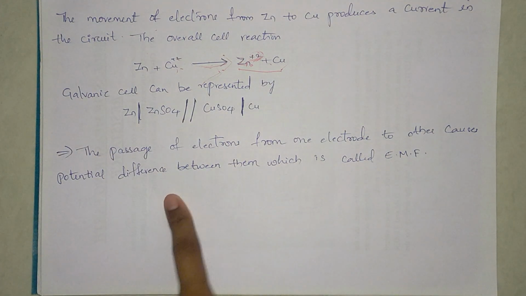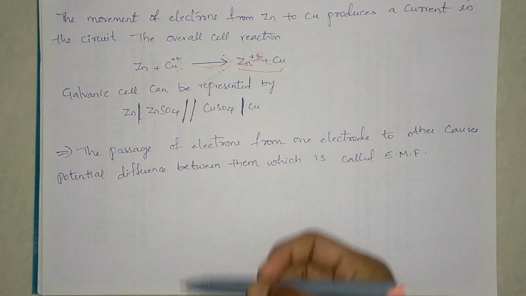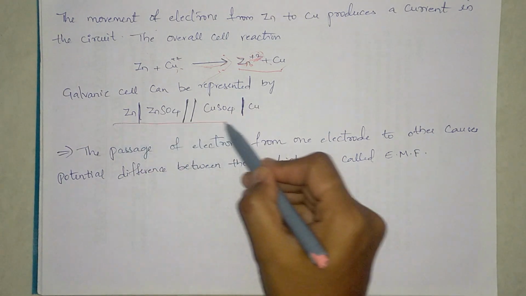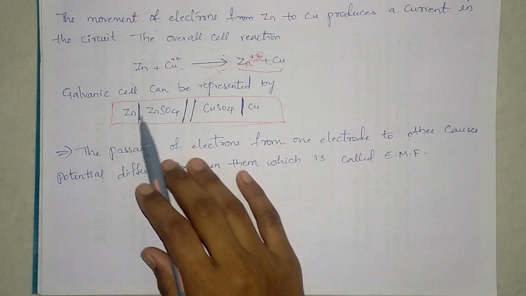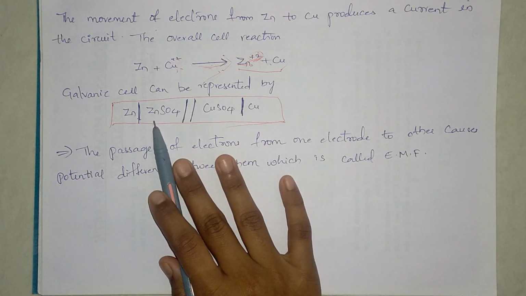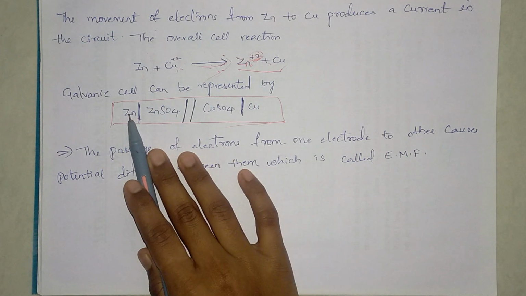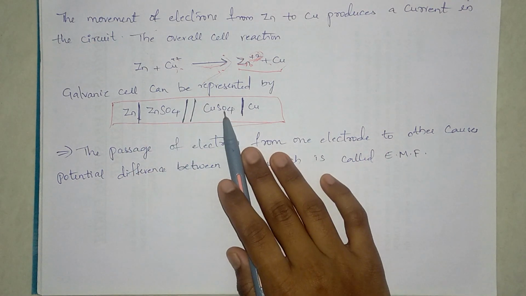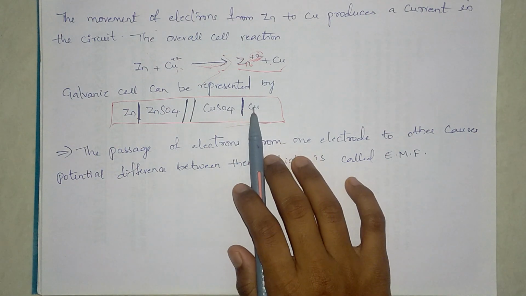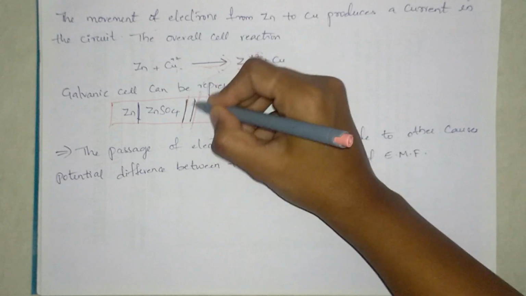Now, how can a galvanic cell be represented? Instead of explaining this complete process, you can just write this equation. This is the galvanic cell representation: zinc is dipped in zinc sulfate, the copper rod is dipped in copper sulfate solution, and this is the salt bridge representation.